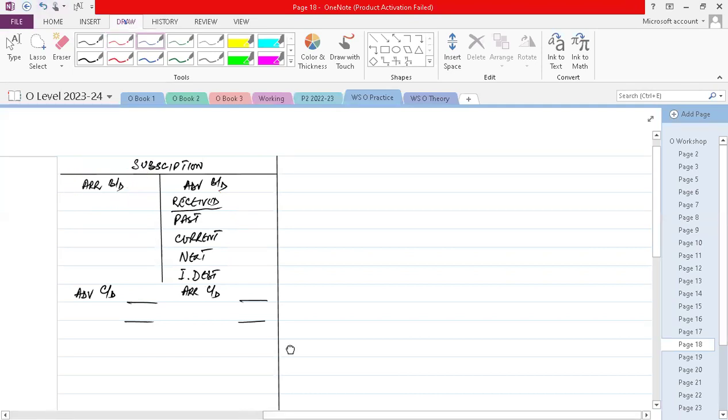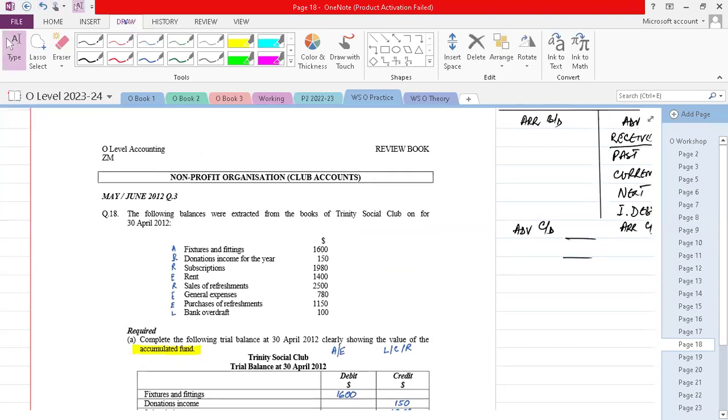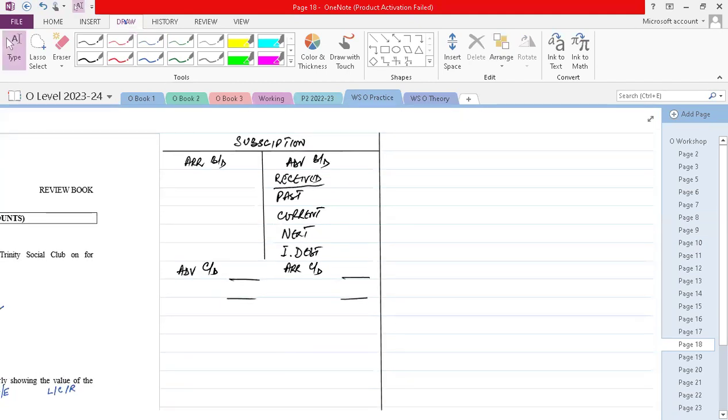Now we are going towards a question to fill it. Subscription for the year, subscription received is 1980. We are putting it in the current column.